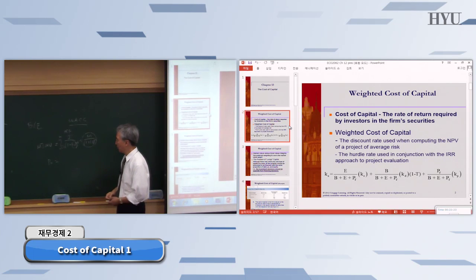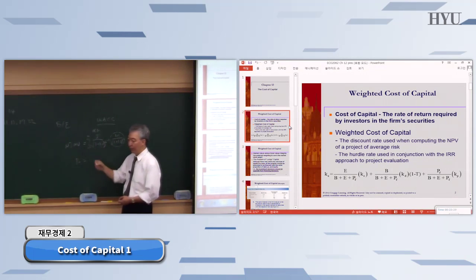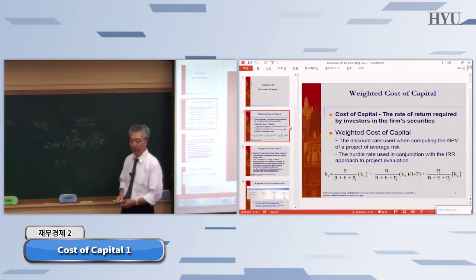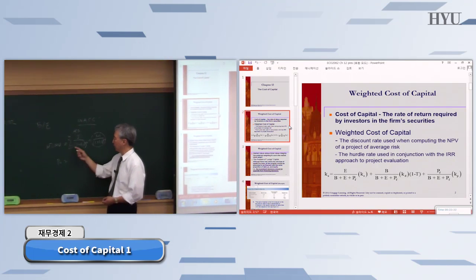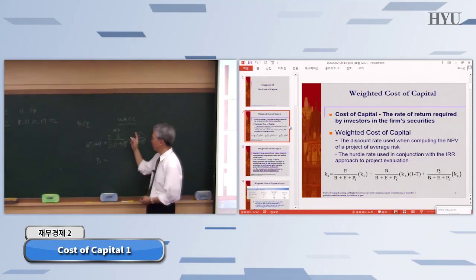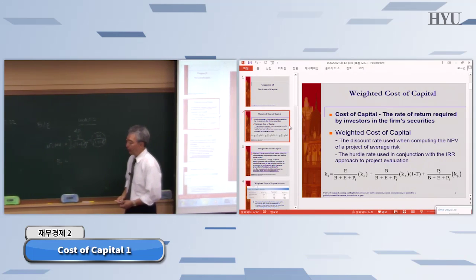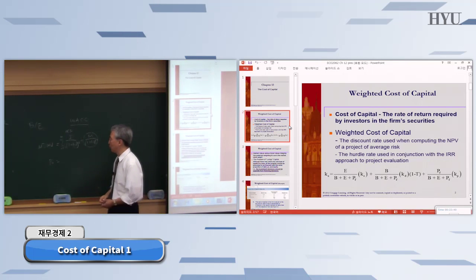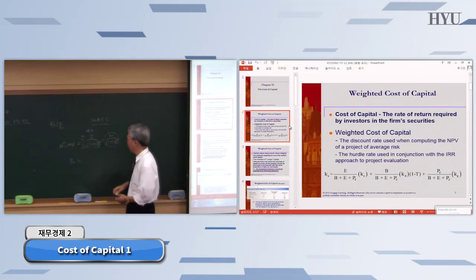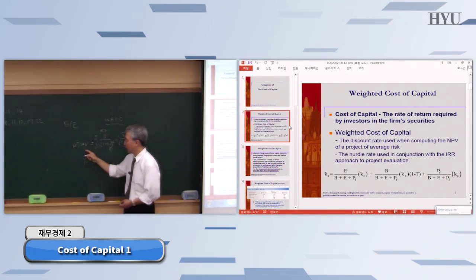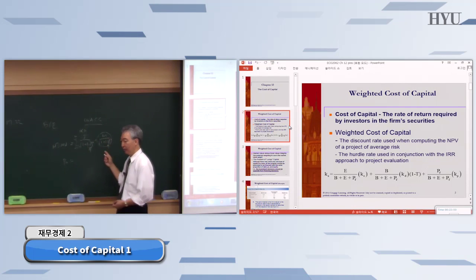So if you use a discount rate, you can calculate the net present value by subtracting the initial investment from the right-hand side. But the IRR approach is trying to determine the discount rate which makes the left-hand side equal to the right-hand side.